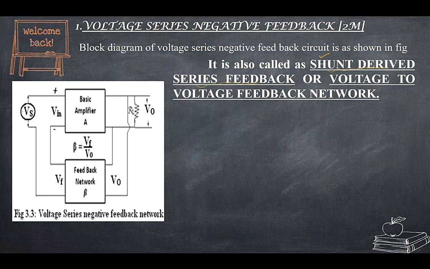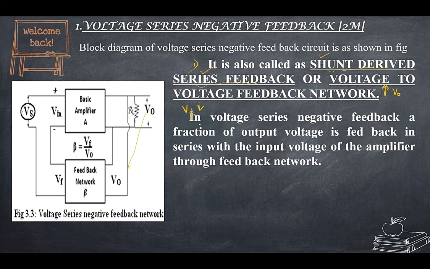Output is shunt, input is series. Or I can even mention it with the parameters. Output is voltage VO, I am tapping to the feedback network. Input is also voltage, that is VF. So I can say that output and this both are voltages. I can say that it is a voltage to voltage feedback network. This is the first point.